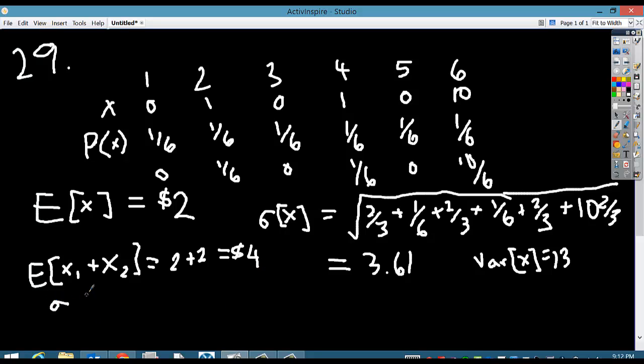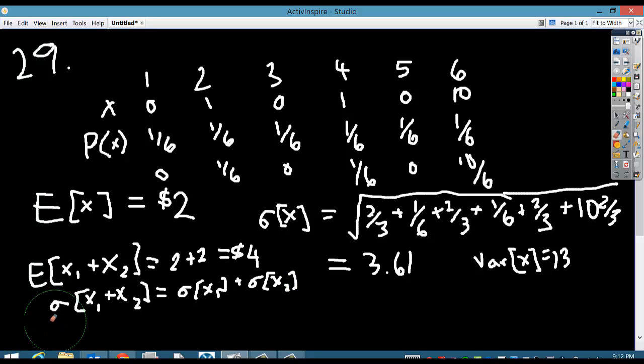And the standard deviation, now here's where variance is going to be important. We can't just add the standard deviations separately. We can't say this is standard deviation of X sub 1 plus standard deviation of X sub 2. We can't do that.